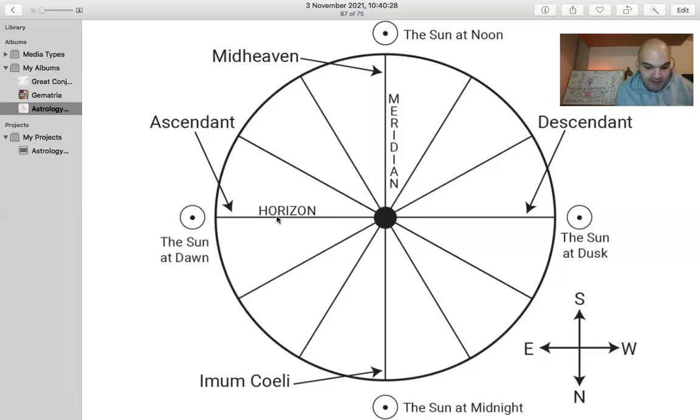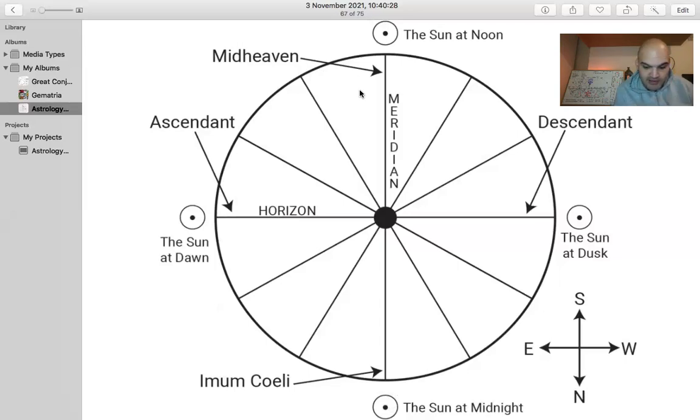The midheaven is the degree of the zodiac which is the highest point above the horizon, or culmination. And the Latin translation of the midheaven is the medium coeli, or the MC. And the imum coeli, the IC, is the point directly opposite the MC, as you can see here. This is the IC and this is the MC.